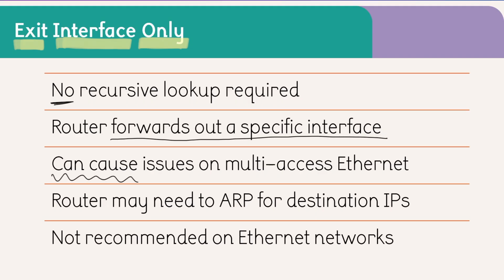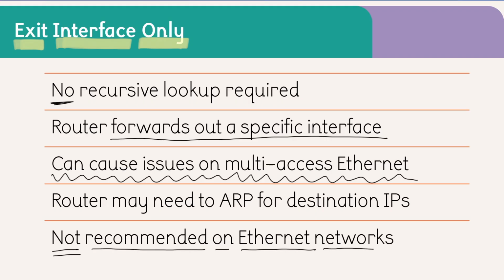This works well on point-to-point links, but on Ethernet networks, this can cause unnecessary ARP traffic because the router may treat the destination as directly reachable on that link, when in actuality, there's a router or routers in between. This can also cause packet forwarding to fail. So it doesn't mean that it's wrong in all situations, but you would not want to use this on an Ethernet link.